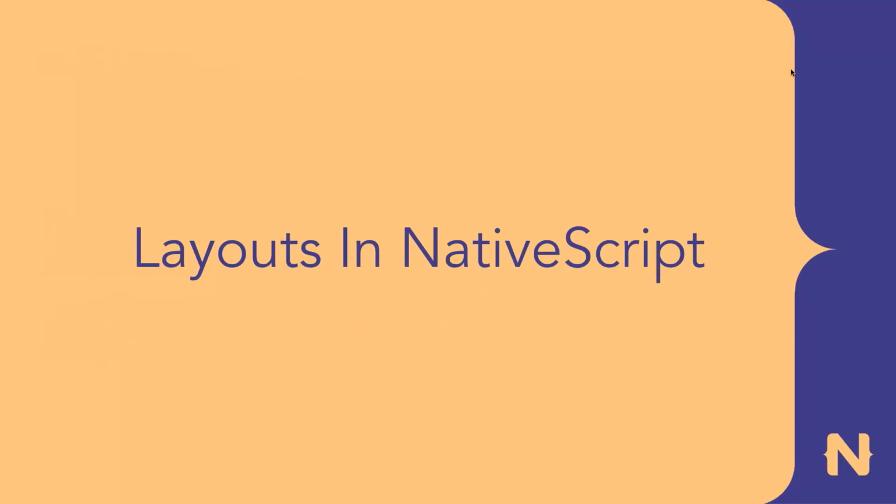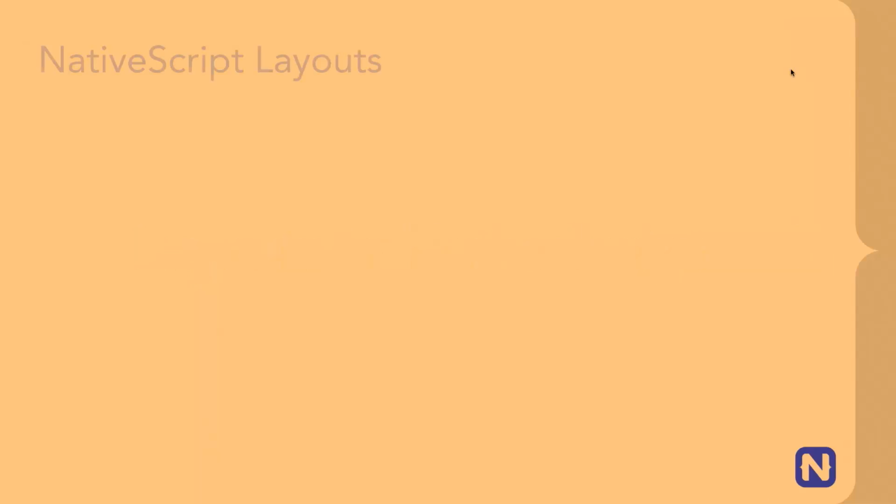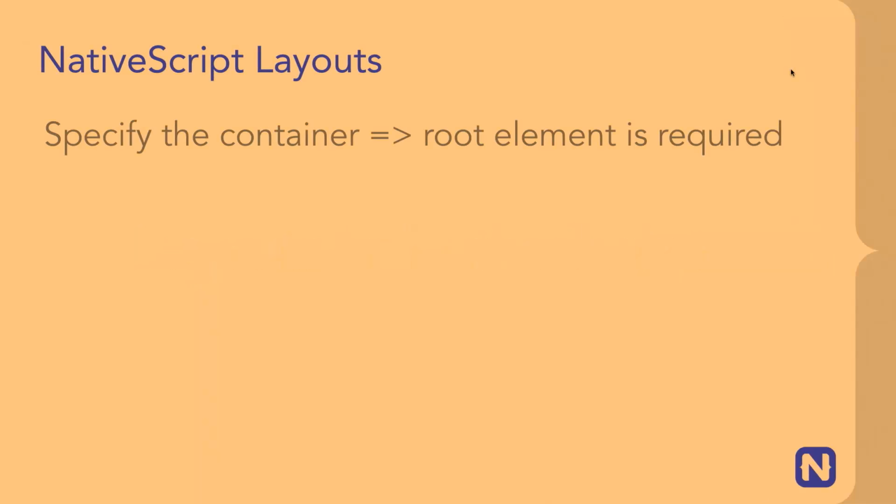Great. And here we are, layouts in NativeScript. So what's our goal? We want to make a solution for both Android and iOS, which could be not so complicated, but applicable for both platforms. And the thing here is that we are not in web.